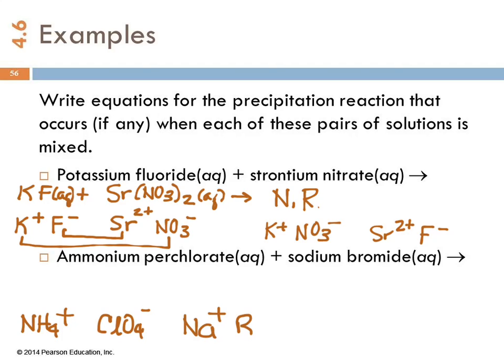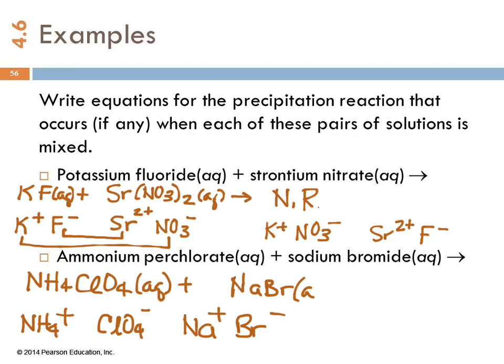Bromide, another one of those halides, minus. So we put these together. Here we got +1, -1. We can just shove them together, NH4ClO4, and that's aqueous. And then sodium and bromide are also +1, -1. NaBr, and that's aqueous. And we do that partner swap and see what we come up with.